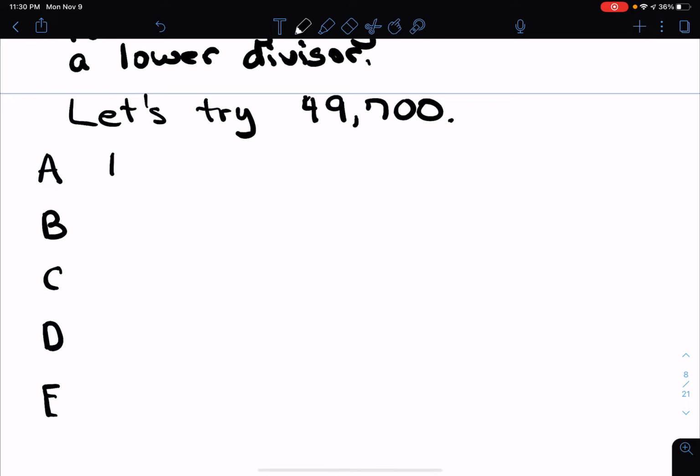Okay, so if we took 1,320,000 and we divided by 49,700, we would get 26.56 as a modified quota.